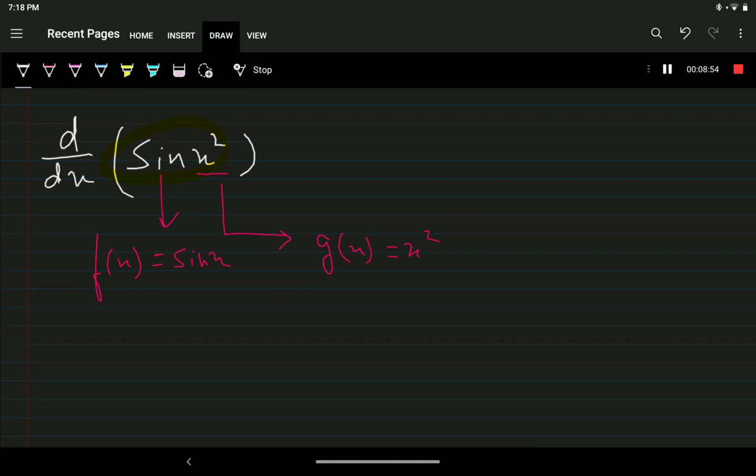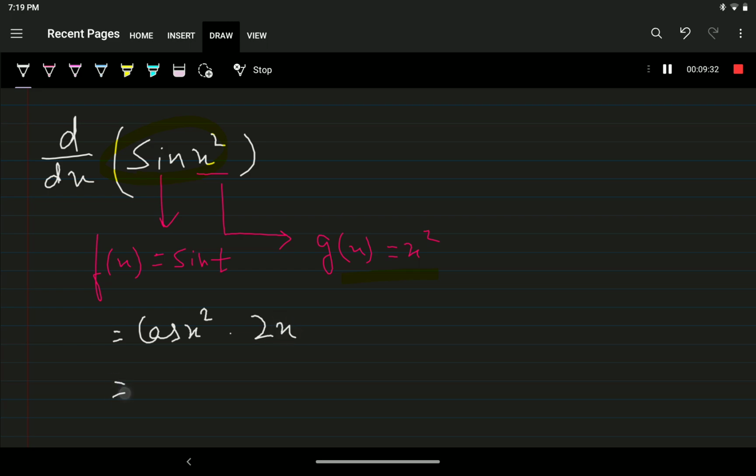So its differentiation is f dash g(x) into g dash x. That is f dash g(x), that is cos. Now here you see the x in this case is your x squared. We can also assume it is a different variable like t, so it is cos x squared into differentiation of this term, 2x.